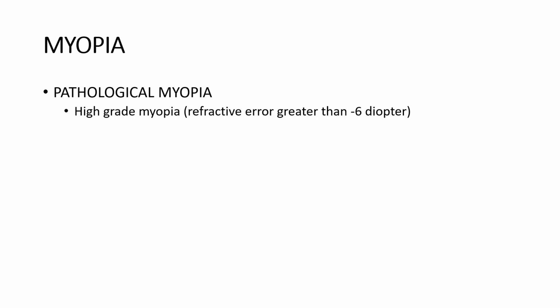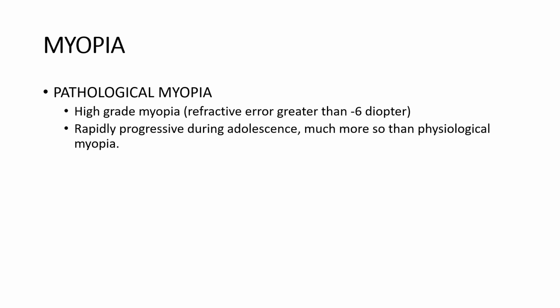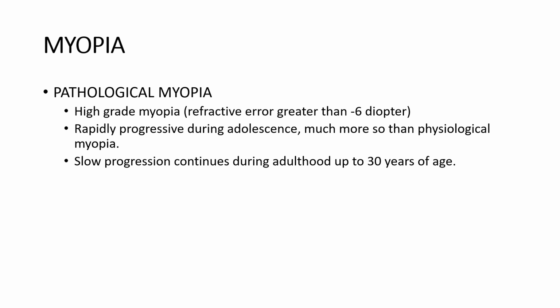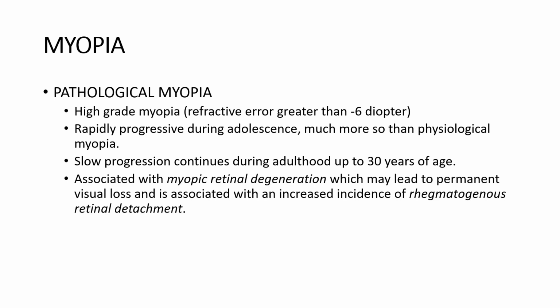In contrast, pathological myopia has a high grade of myopia, which means there's a refractive error of greater than -6 diopters. It is rapidly progressive during adolescence, more so than physiological myopia, and then there's a subsequent slow progression that continues during adulthood up to about 30 years of age.